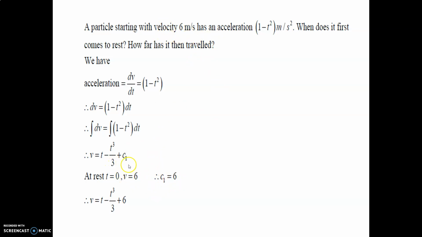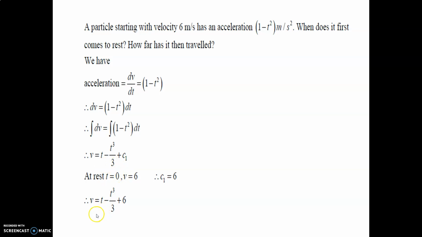So we put this in the equation. We derive c1: 0 minus anything is 0, v is obviously 6, so 6 = c1. Now we put c1 = 6 in this expression.